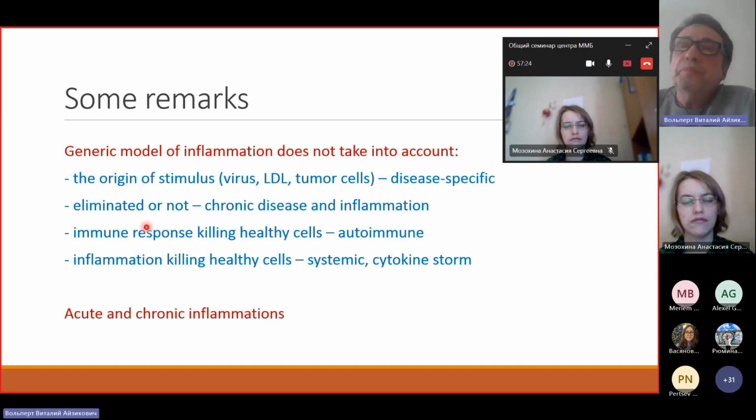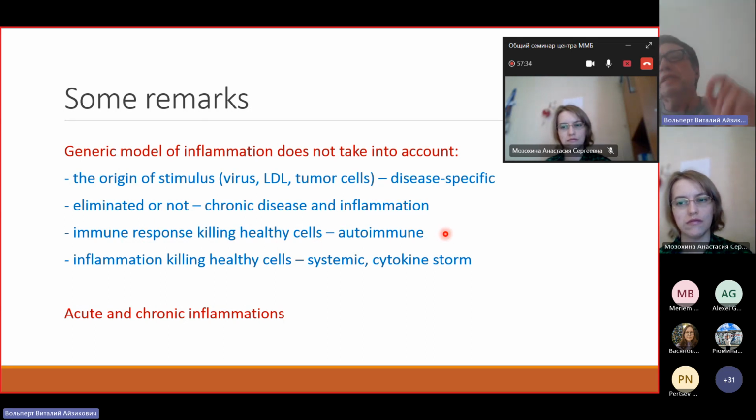Also, there is immune response killing healthy cells, and when we have autoimmune diseases, again, this is not described by this generic model of inflammation because we don't put in this model how immune cells kill healthy cells.